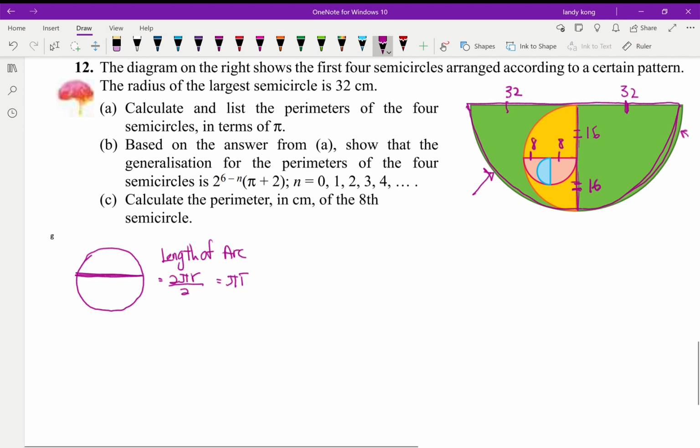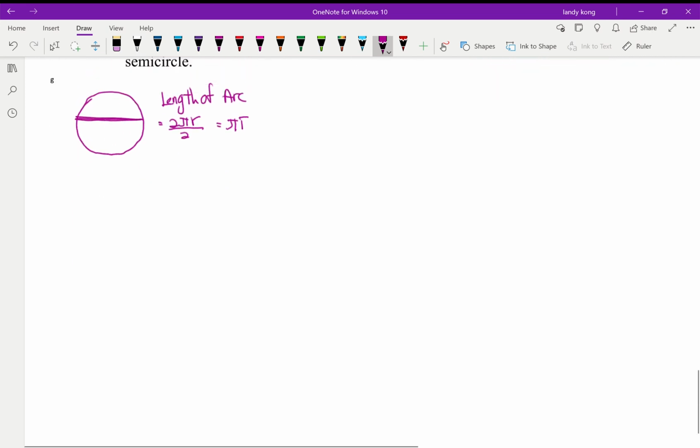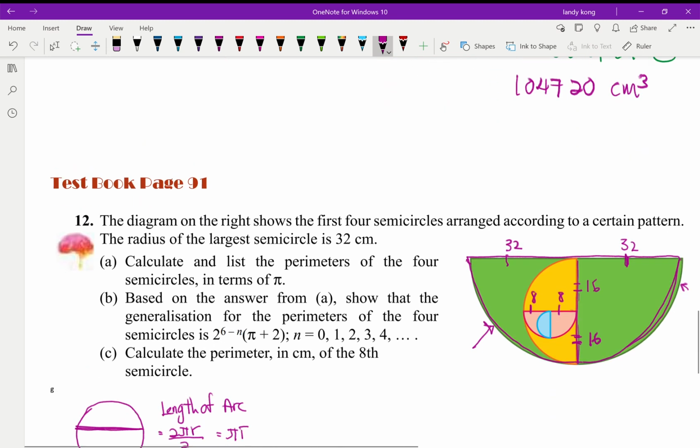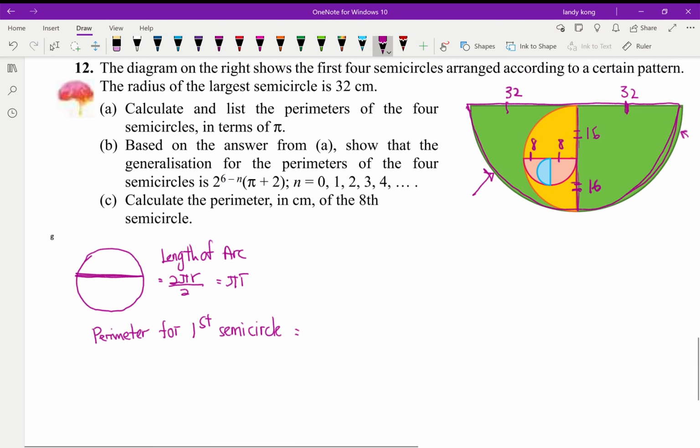So now I want to know the perimeter of the first semicircle. The perimeter for the first semicircle is equal to the diameter, 32 plus 32, so 64, plus pi r.